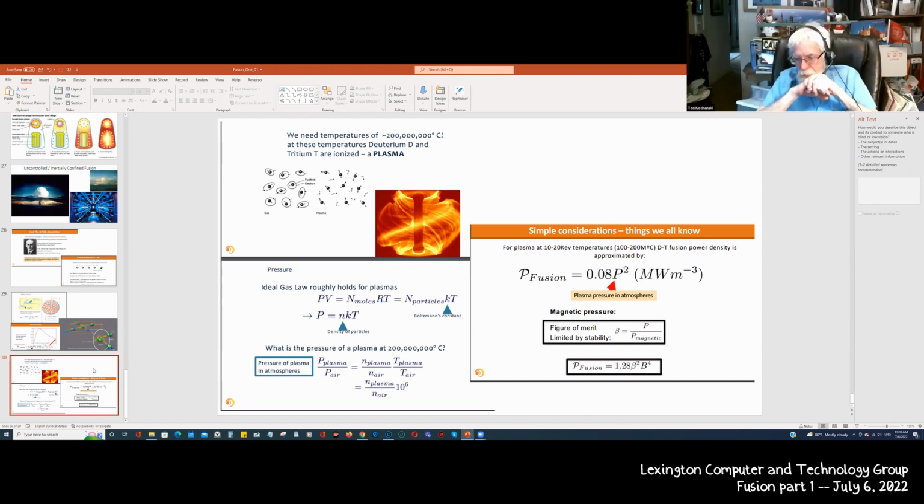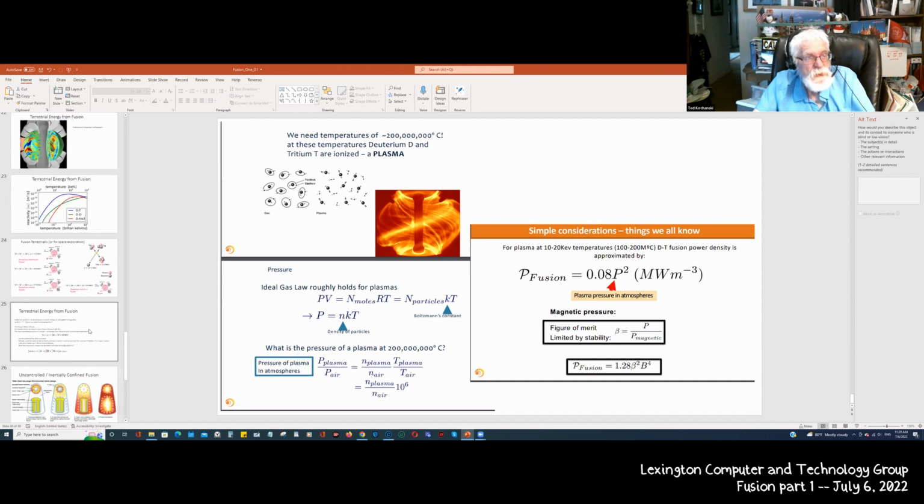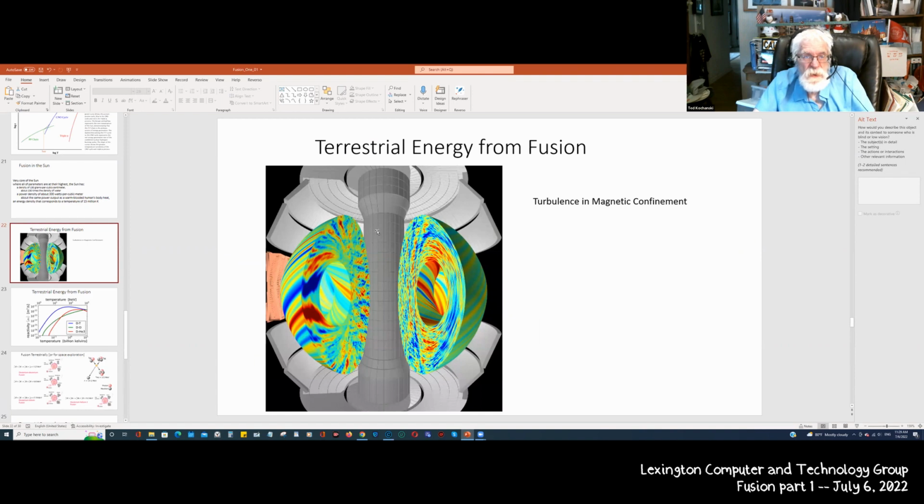There is some radiation damage, not to the blankets per se, but to the so-called first wall, which I don't know. Do we have a picture of the thing here? Yeah. So this stuff right here is what's there to essentially protect the vacuum vessel on the inside. And it's made up of materials that could be as low atomic number as carbon, as high atomic number as tungsten or molybdenum.